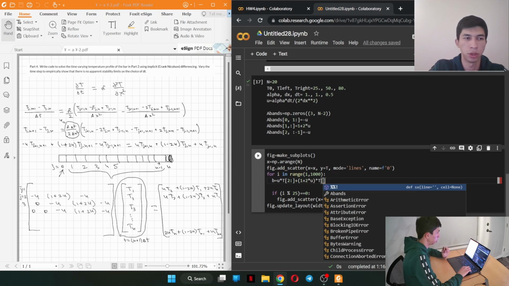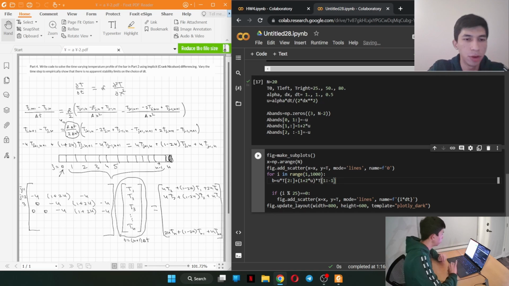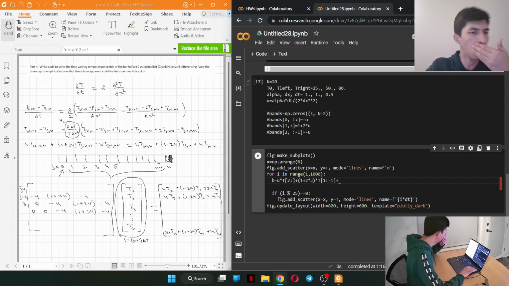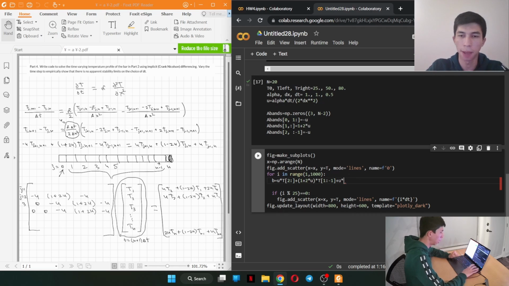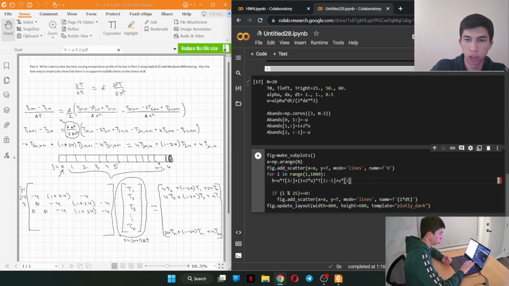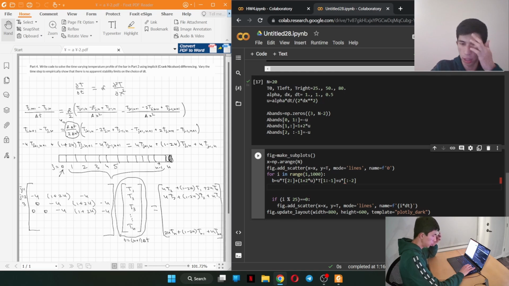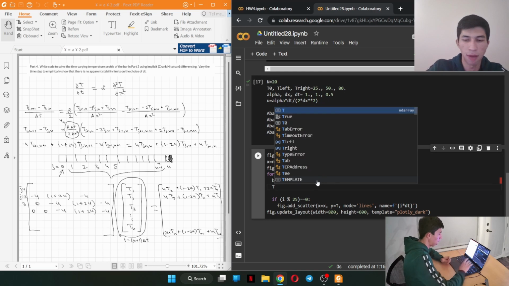So for temperature 1, that's going to be numbers from 1 to -1, right? And then plus u times the temperature, starting up to -2. Then my temperature value needs to be updated every time, right?